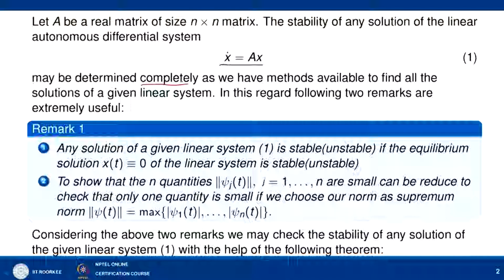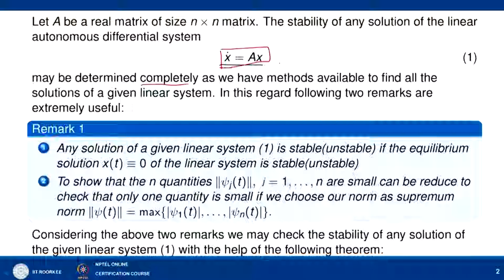We have already discussed the method to find the complete solution of x' = A x, and once we have the complete solution, we can find out the behavior of its solutions. So we can discuss the stability of any solution of x' = A x in a complete manner.